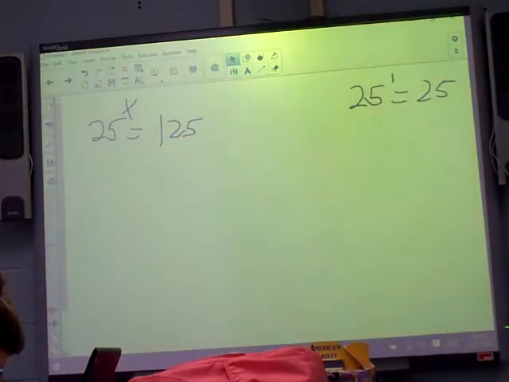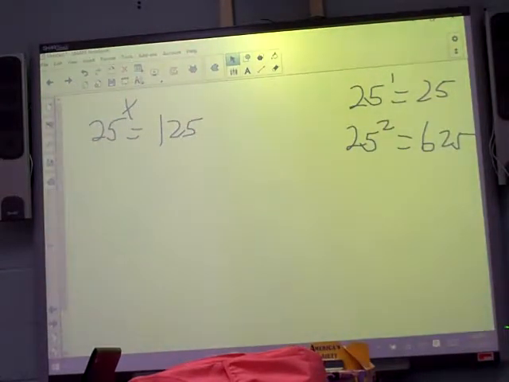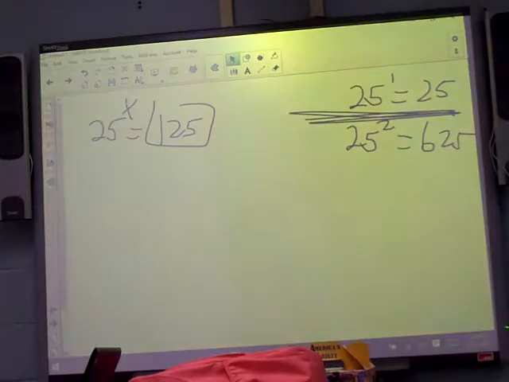If I then squared it, 25 times 25 is 625. So I jump from 25 to 625. I'm looking for where it's 125, so it's somewhere in between. So it's got to be between 1 and 2. So it's going to be a fraction or a decimal, 1 something, right?